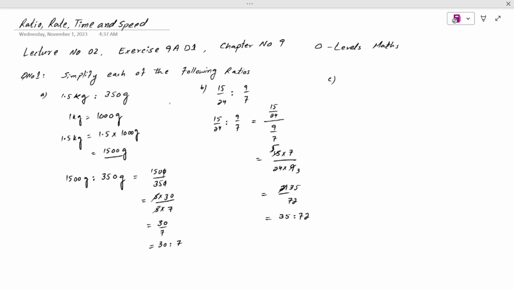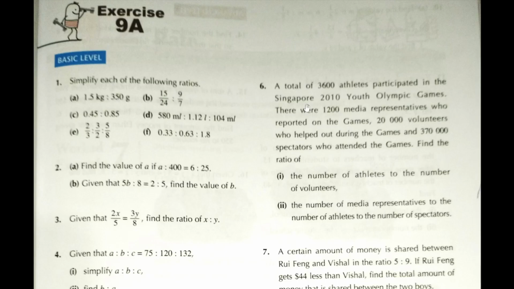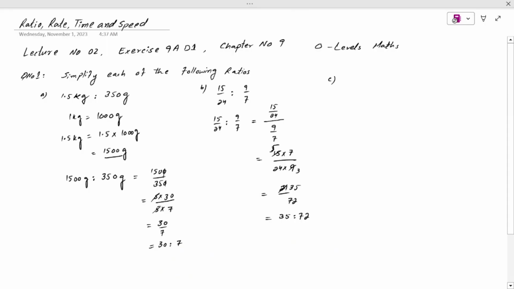Now part C is 0.45 ratio 0.85. 0.45 can be written as 45 over 100 because we have two digits after the point.